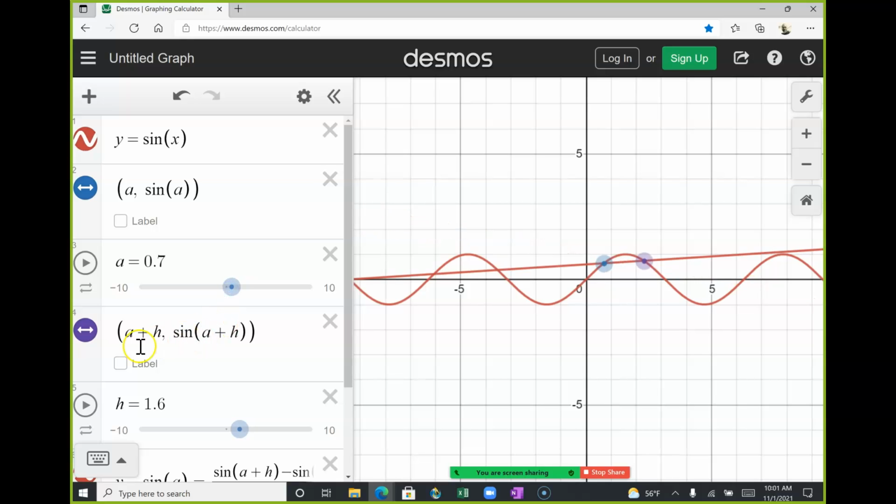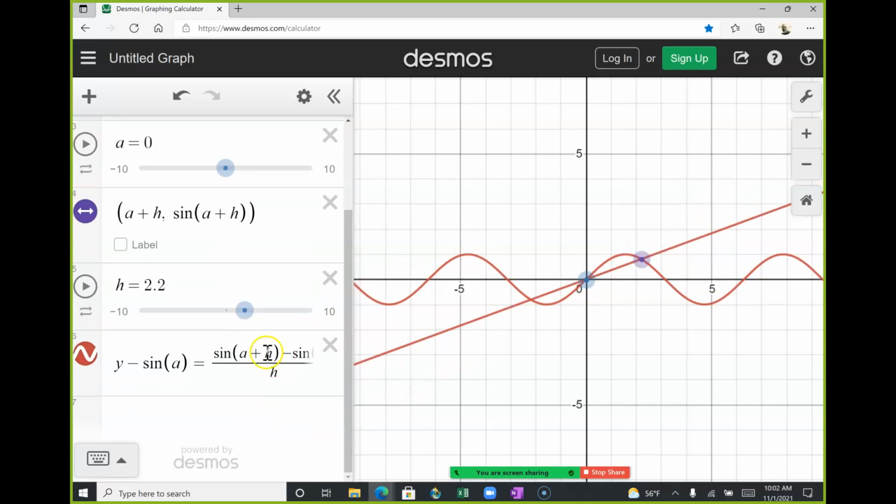And then I have the next point A plus H comma sine of A plus H. That's there. So you can see I can get the secant line from here, right? So there's my secant line. And there's my equation, y minus sine of A equals, here's my secant slope. Do you see my secant slope here? Sine of A plus H minus sine of A over H.